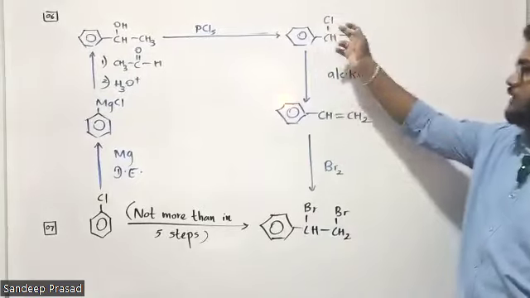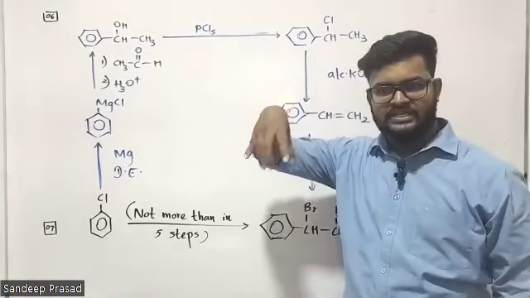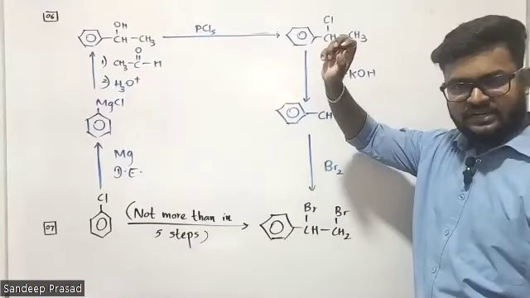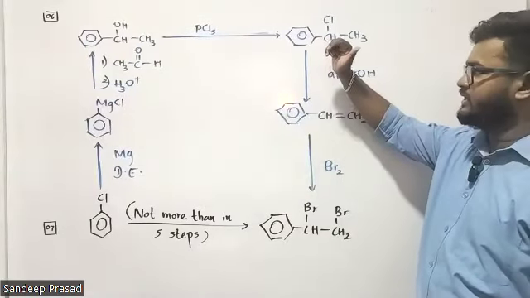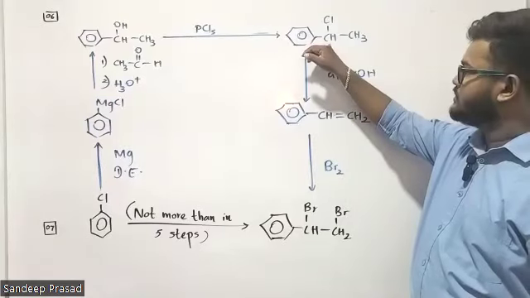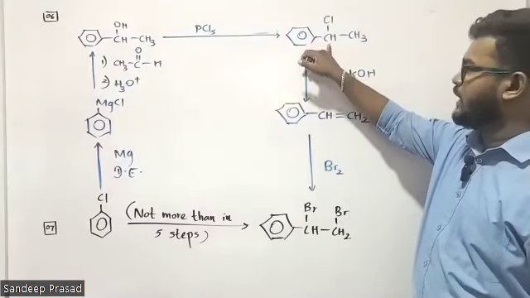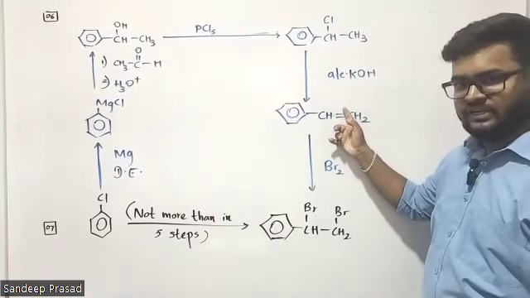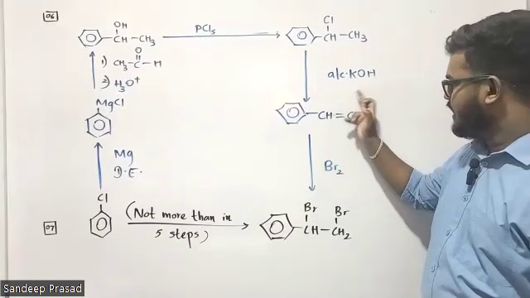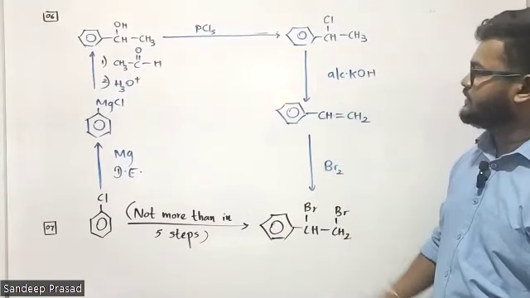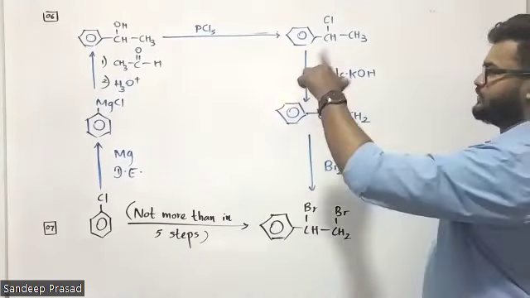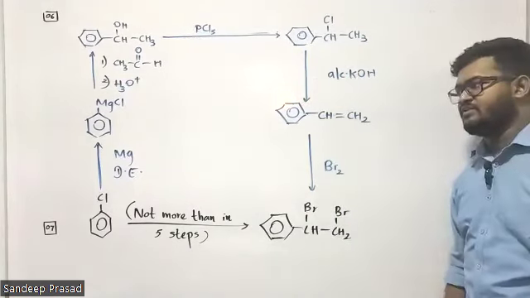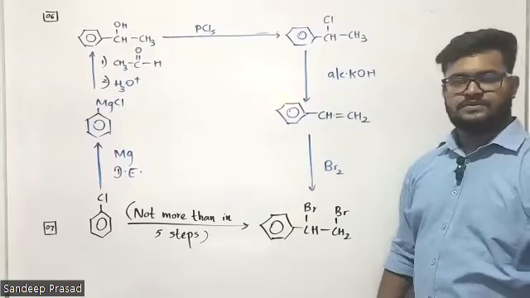We discussed that under the formation of alkenes, but under the reactions we separated and discussed it. So I converted this into an alkyl halide, then alcoholic KOH, dehydrobromination, and then Br2 is added. If you follow that method, you can do this conversion within 4 steps.